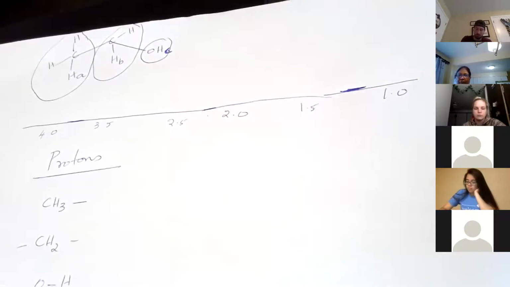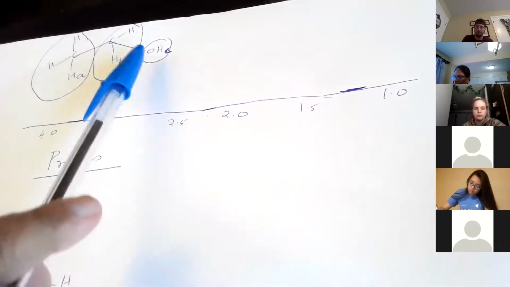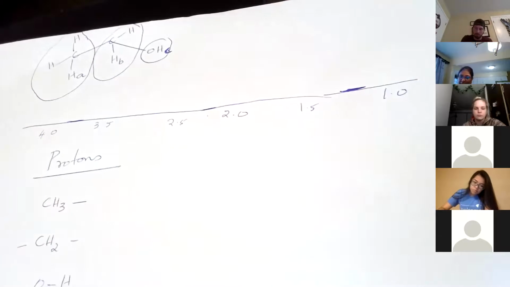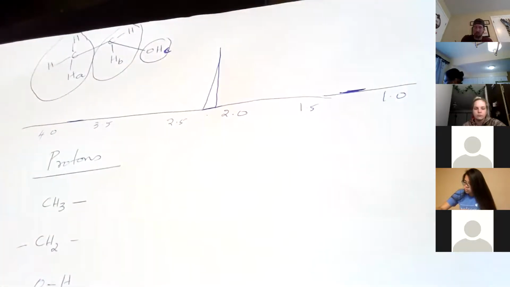The OH, remember, is unique. This oxygen has this carbon as a neighbor, but he doesn't get affected by anything. Now, in ethyl alcohol, which is what I've drawn, he's going to appear as a singlet. You can see this on page 677 in the 3rd edition.